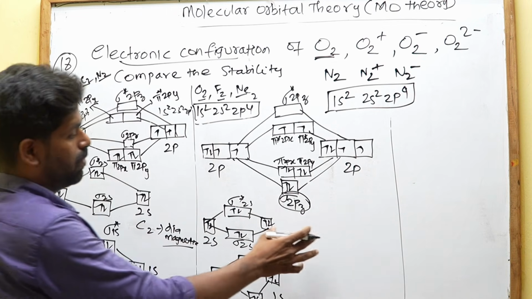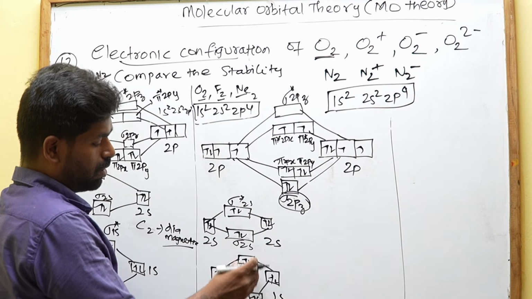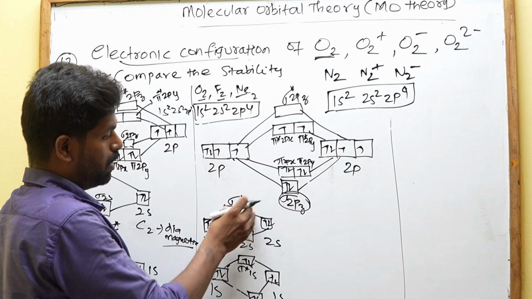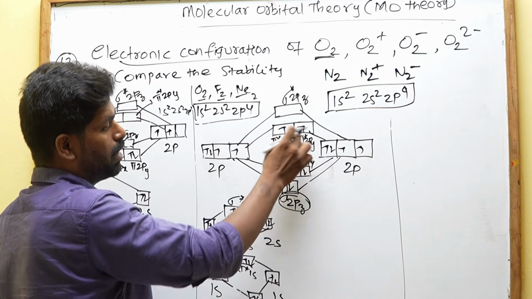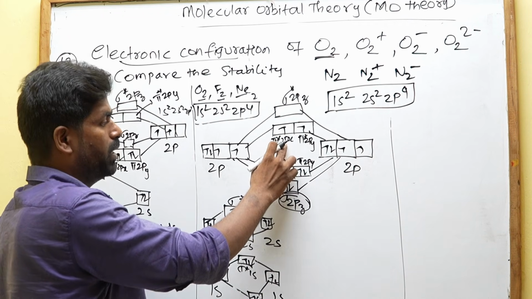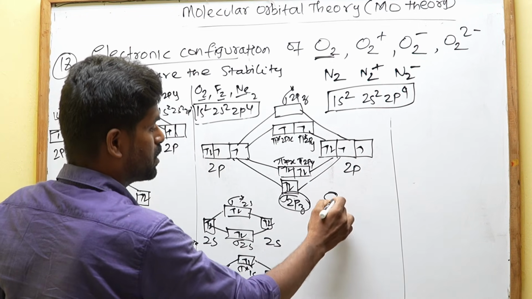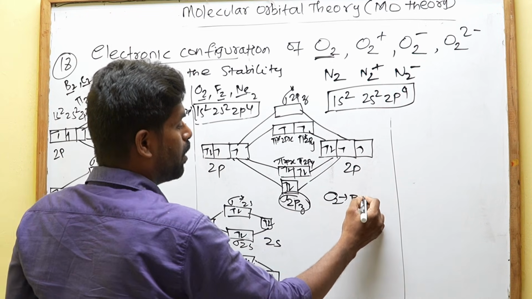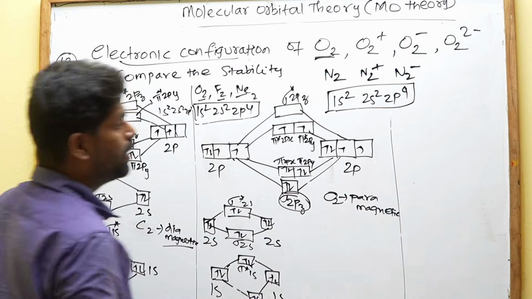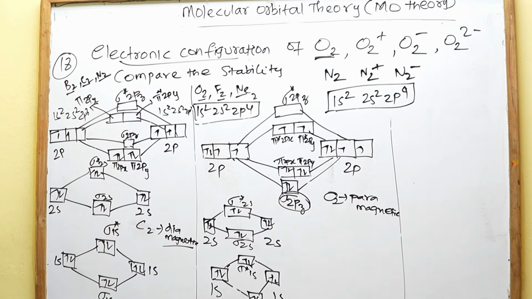Whereas in the case of dioxygen, this molecular orbital is paired. But look at the unpaired electrons present in the pi star 2px and pi star 2py. 2 unpaired electrons present. Therefore dioxygen is an example of paramagnetic. Let me write the electronic configurations generally.